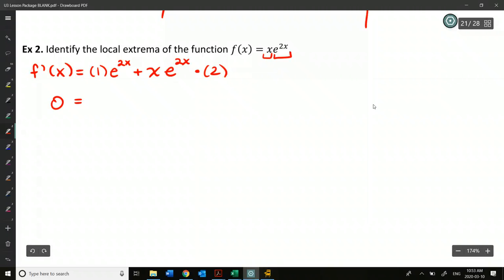Okay, in order to find critical numbers, we need to set our first derivative equal to 0 and solve for where that happens. So in these cases especially, it's going to be important to common factor because you need to solve for the individual pieces of the function. So we're going to have 1 plus 2x here.